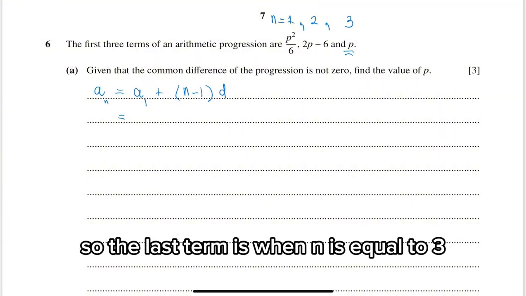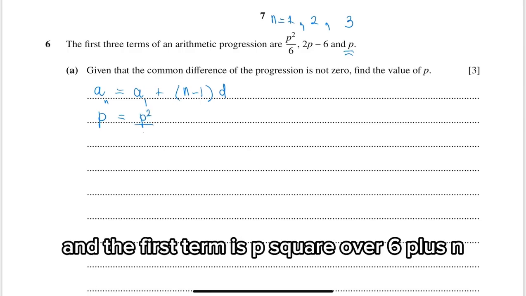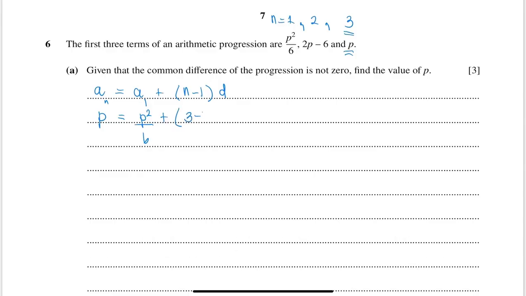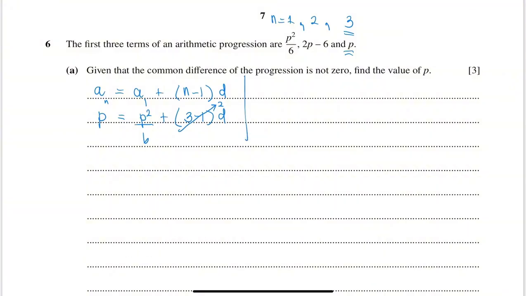So the last term is when n is equal to 3. So the last term here is p, and the first term is p squared over 6 plus 3 minus 1 d. 3 minus 1 is 2, so we'll have 2d.